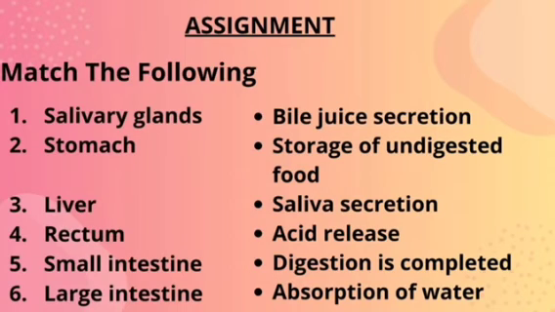In column B you have bile juice secretion, storage of undigested food, saliva secretion, acid release, digestion is completed, and absorption of water. So match the following. You can see and write properly. You can match it correctly.